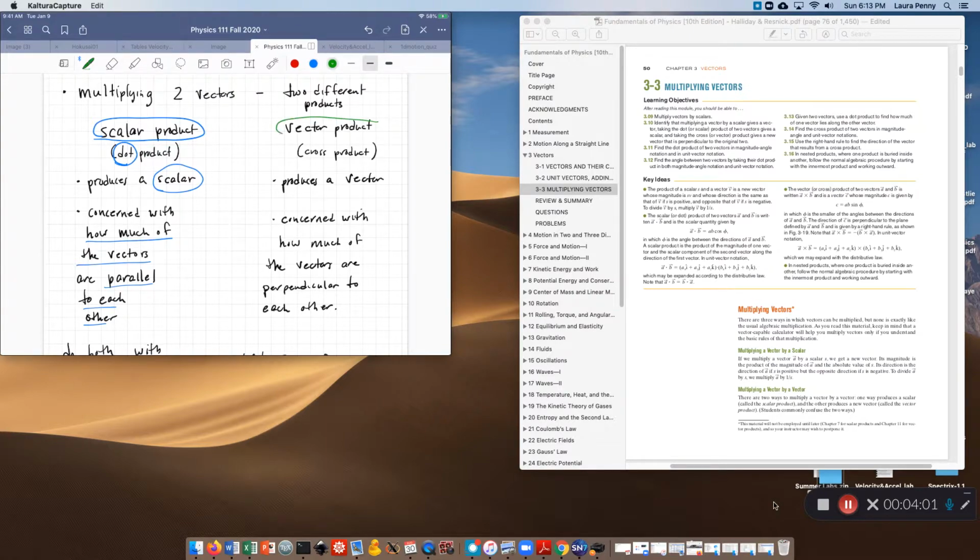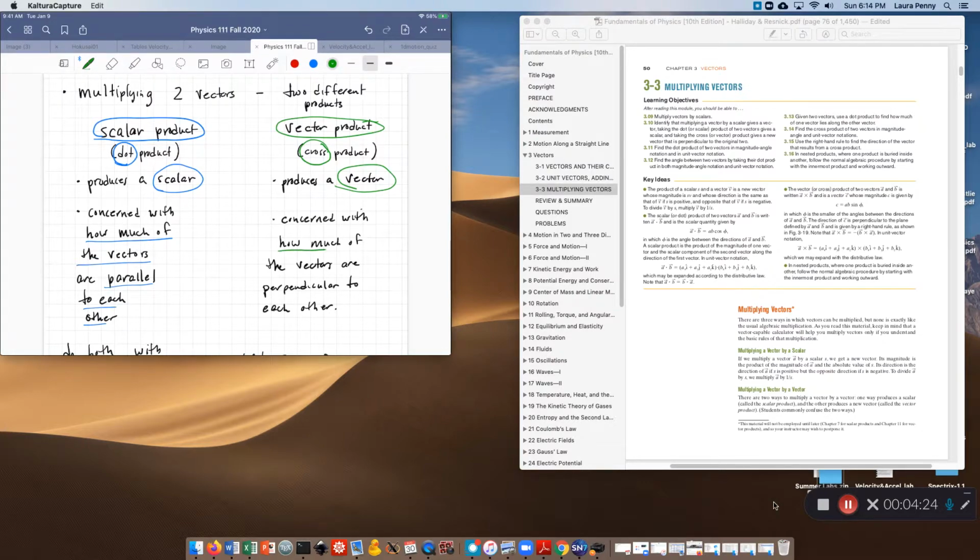Now the other one is the vector product, often called the cross product. It has to do with the way we write the mathematical functions between them, that we say cross product and dot product. The vector product produces a vector. Captain Obvious moment here. What this vector product cares about is the exact opposite.